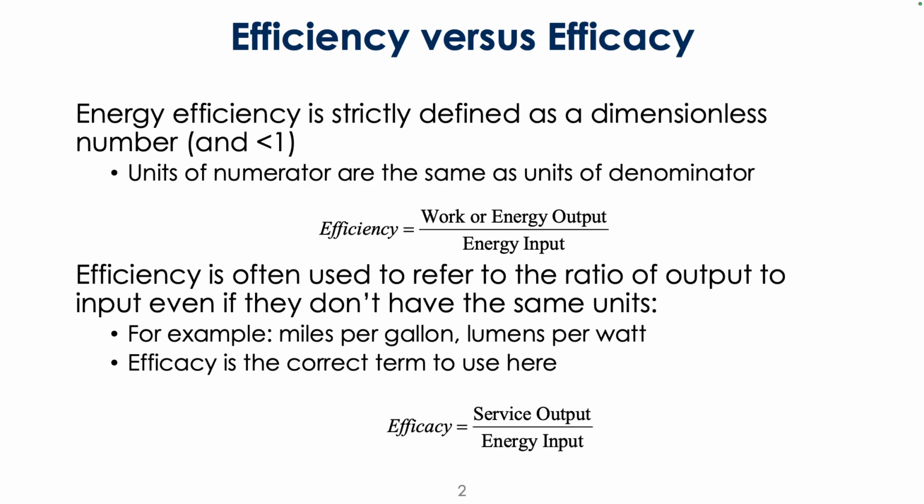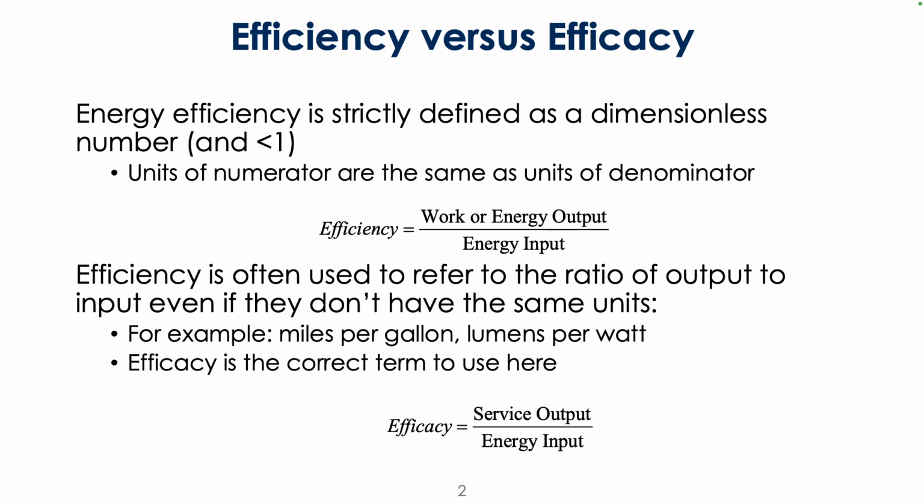Does anyone know what that would actually represent? Any ideas? If you had a unit of length over a unit of volume, you would end up with a unit of area on the bottom. It actually is, if you had 25 miles per gallon, the cross-sectional area of the gasoline if you stretched it out over 25 miles.